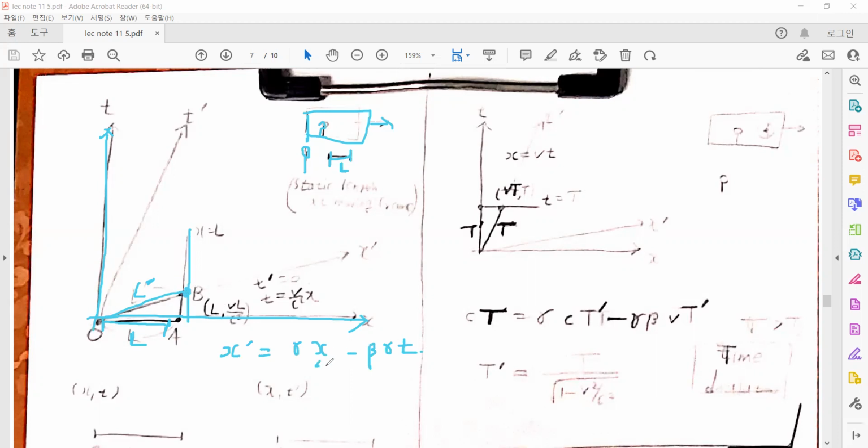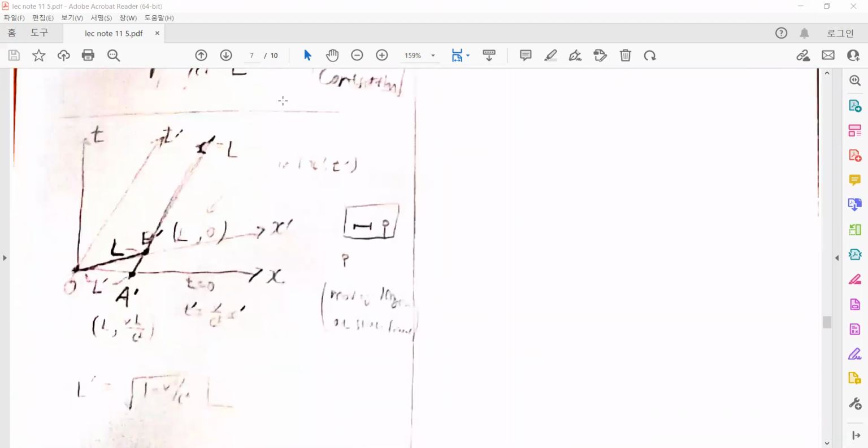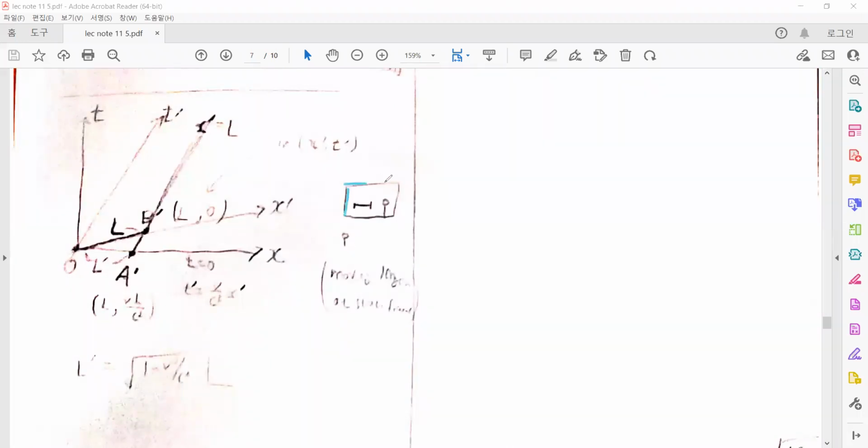We choose to insert x equal to L and t equal to vR over c squared. In the situation where some object has a distance in the moving frame, the last frame observer sees the object at a different distance.